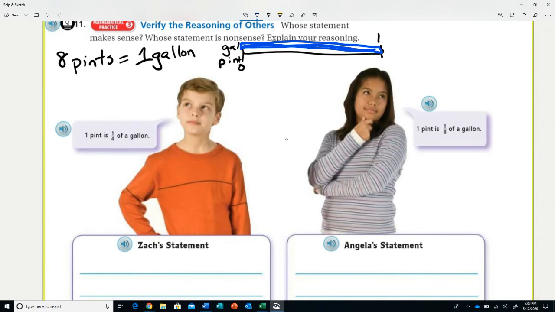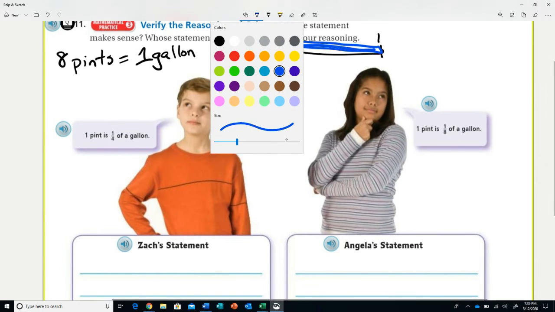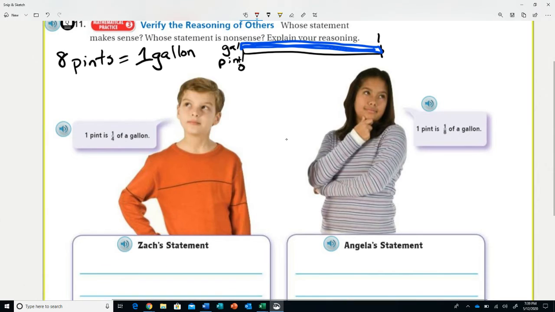And if I was looking at pints, from my conversion from the page before, there's 8 pints to 1 gallon. So I'm going to put a half, and cut it in half again to get 8. 1, 2, 3, 4, 5, 6, 7, 8.